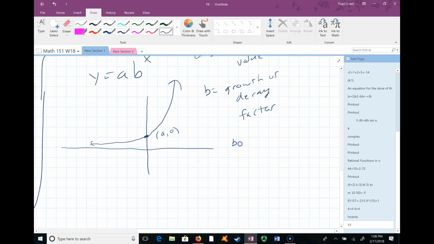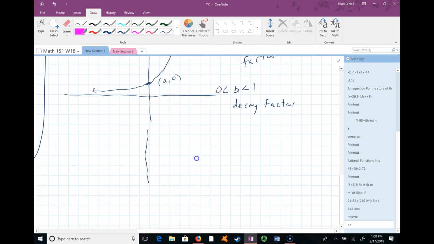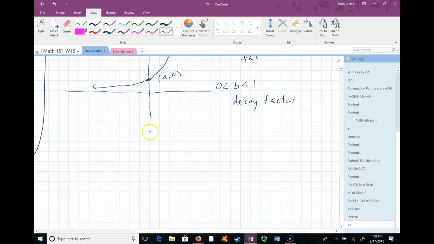If b is less than 1, but greater than 0, of course, because at 0 we don't have an exponential function, then we have a decay factor, because you're multiplying over and over again by something that's less than 1, which would make it smaller. And actually, we would have a graph that looks like this.